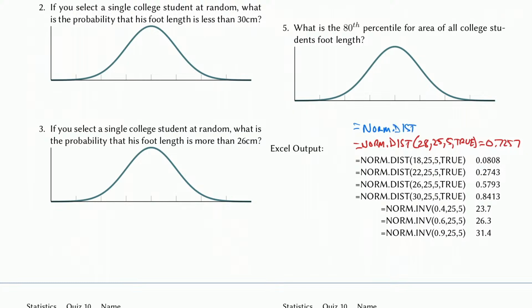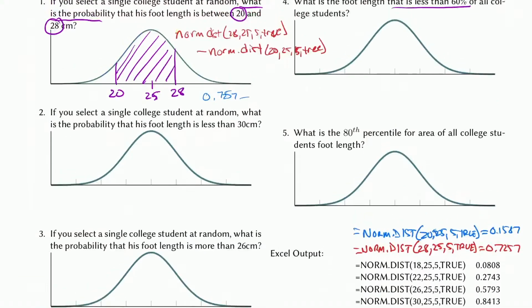norm.dist of 20, 25, 5 true is 0.1587. 0.1587. So I apologize. So this will be 0.7257 minus 0.1587, which you'll actually have to do on your calculator because I can only do so much.